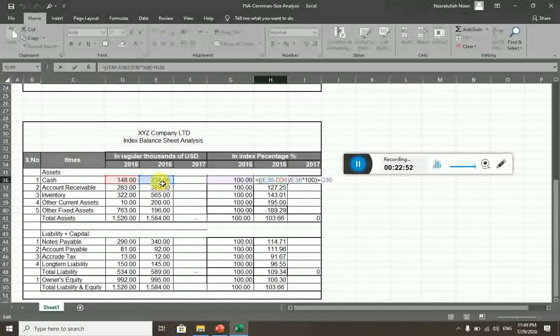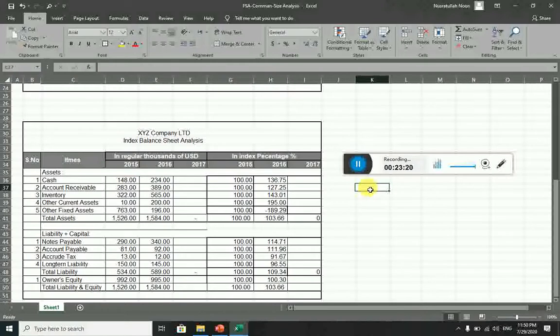So current year cash figure minus base year cash figure divided by base year cash figure multiplied by 100 and plus base year index, right?